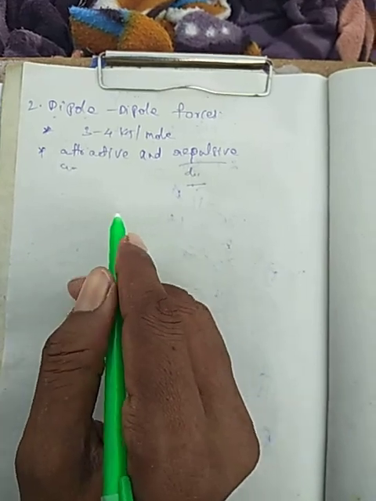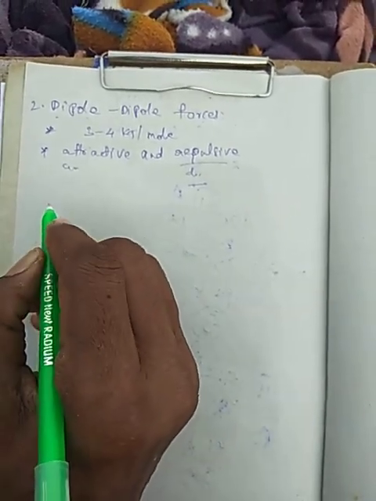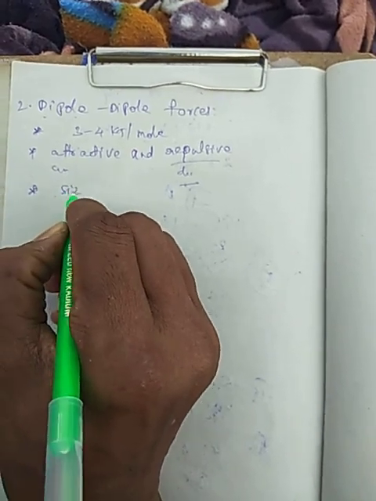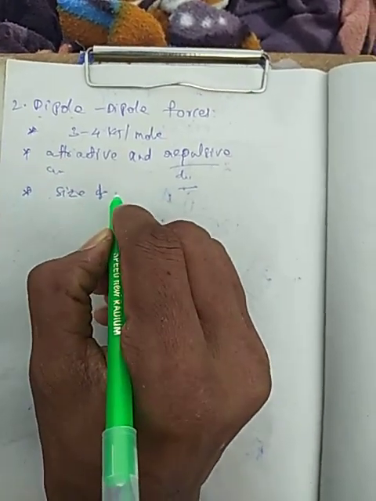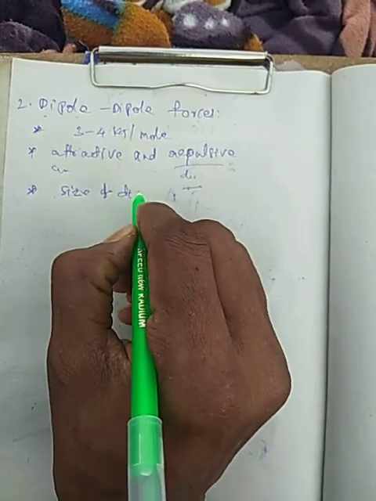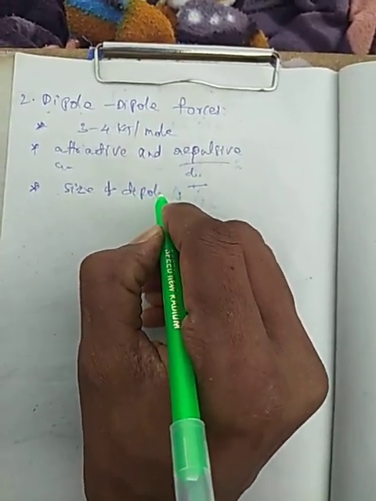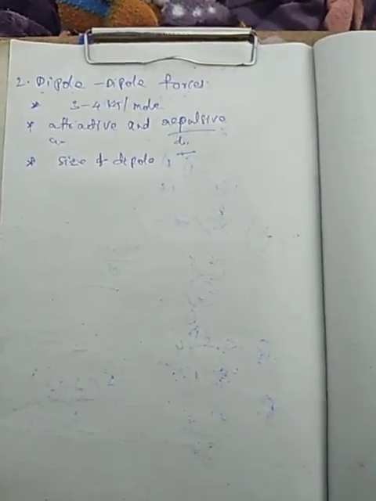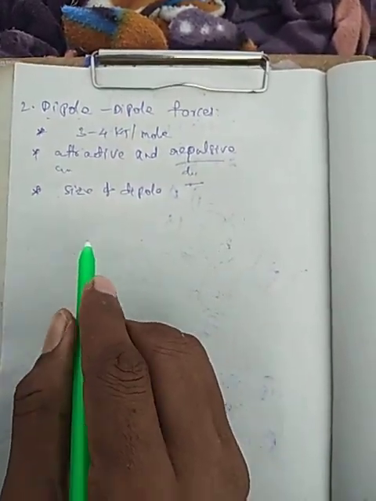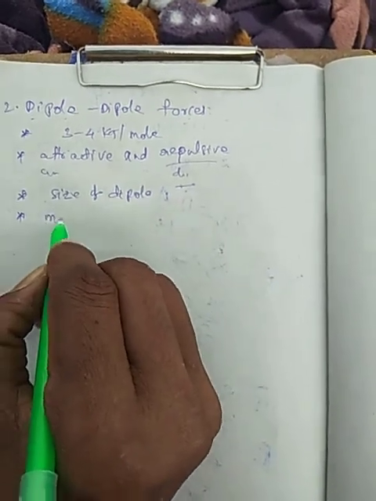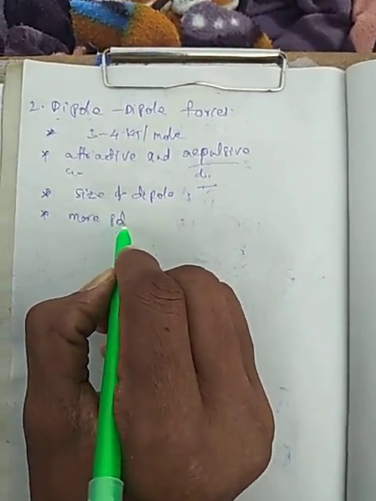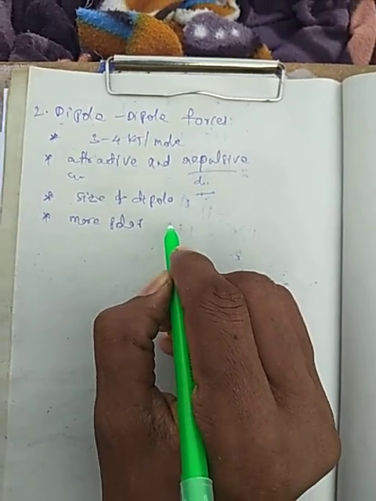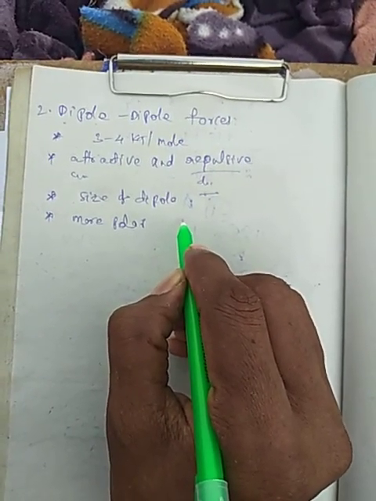Then, the strength of the dipole interaction depends on the size of the dipole moment. The more polar the molecule is, the more the dipole interactions are.